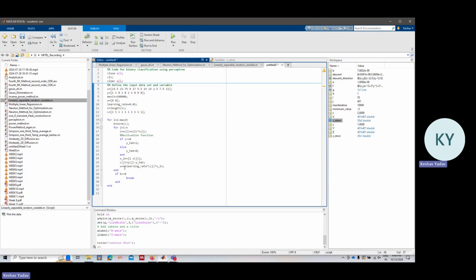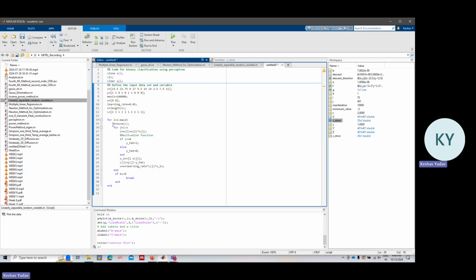W is fine, but in each loop it will calculate the W. Once the W is calculated, it will check if my B is equal to 0, it will break.